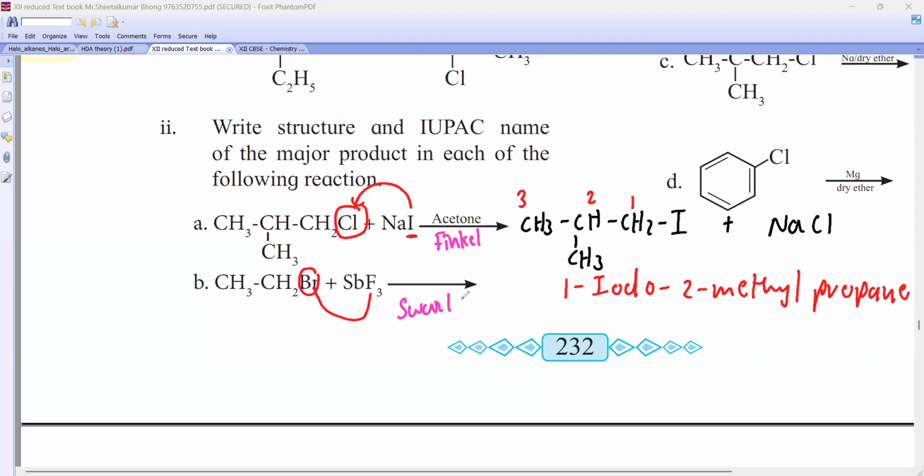Swarts. In Swarts, what will happen? Bromine will be replaced by, I'm writing here, there is no place. So what will we get? Fluorine. And what will we get here? SbF3. What is the name for this? IUPAC name: fluoroethane. Easy.